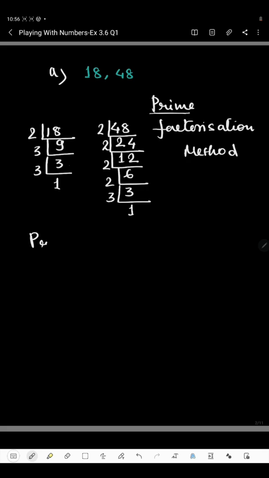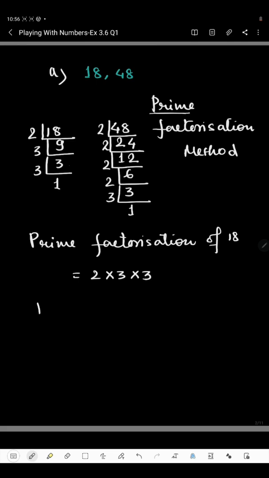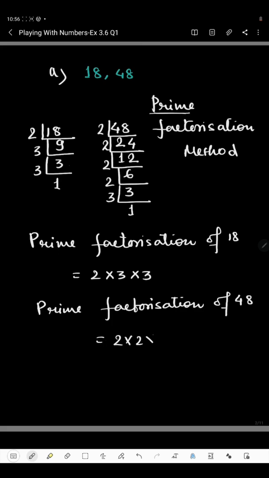So the prime factorization of 18 is 2 into 3 into 3, and the prime factorization of 48 is 2 into 2 into 2 into 2 into 3.